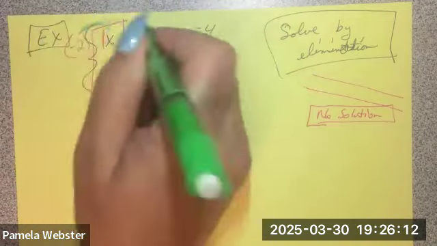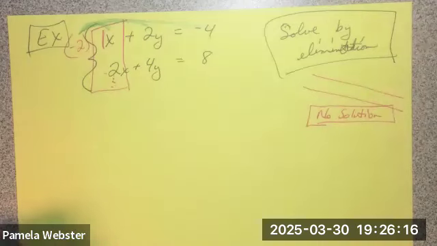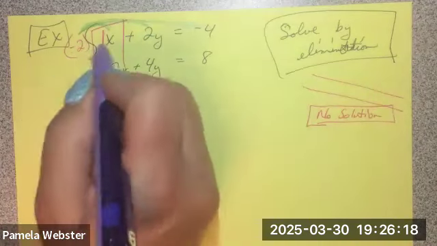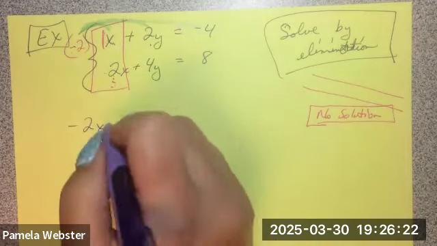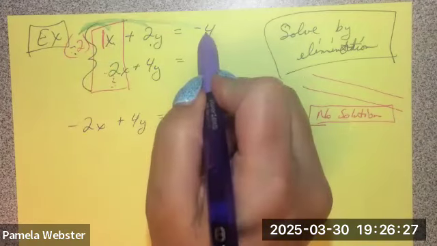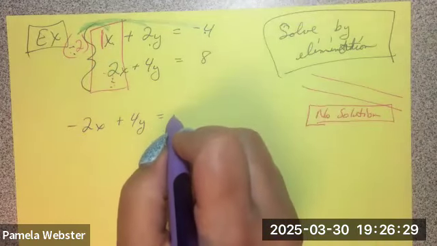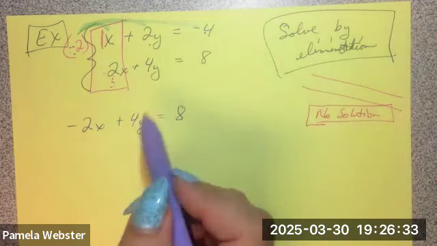And that would go away, right? Those would eliminate. So I think I'm going to distribute through a -2 here. So -2 times x is -2x. -2 times 2y is -4y. And -2 times -4 is a positive 8, right? Okay.